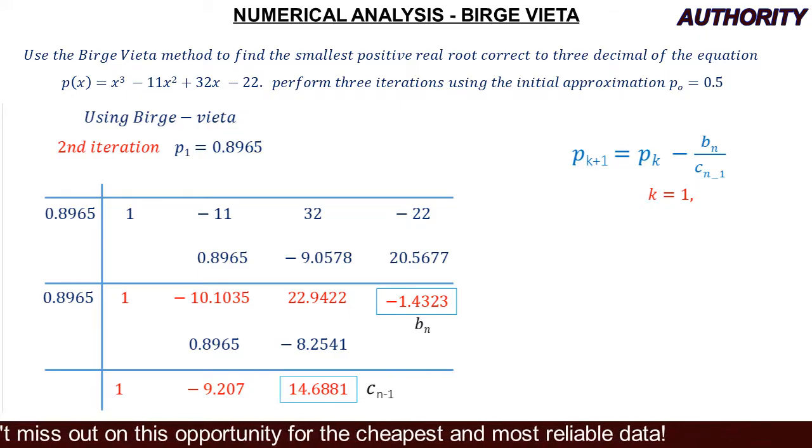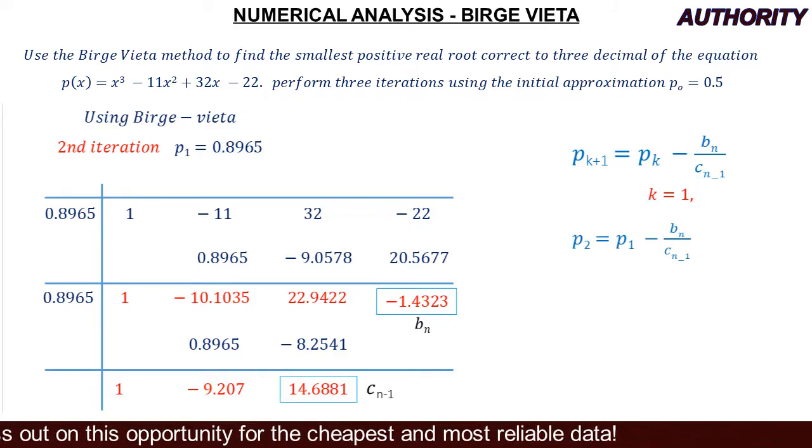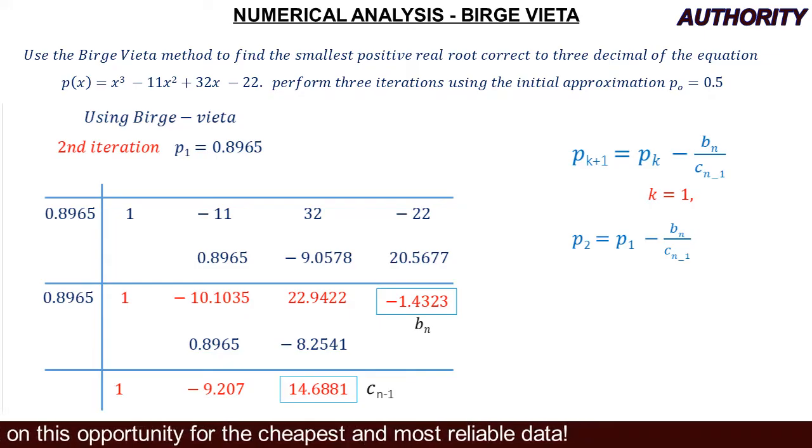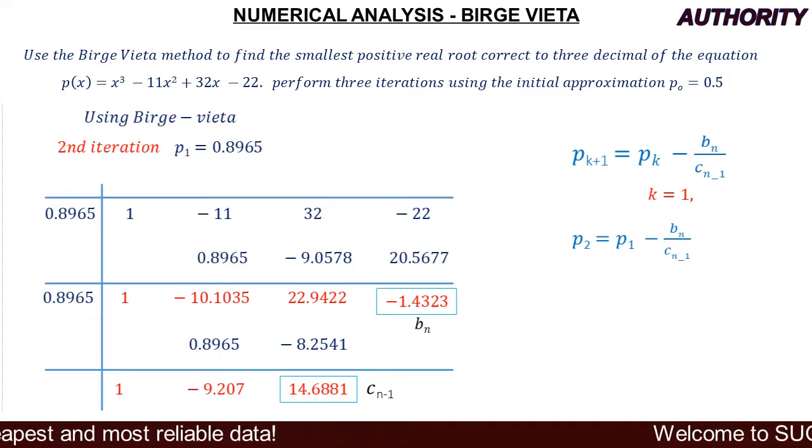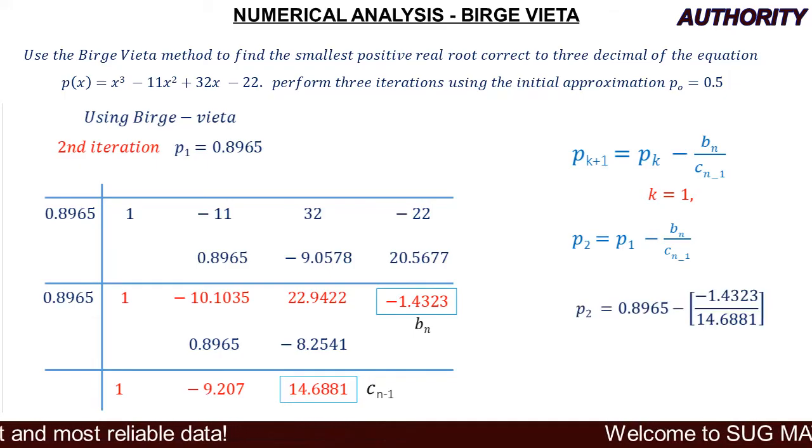So if k is 1, we are going to have that p2 is equal to p1 minus bn all over cn minus 1. Right? We already know what P1 is, what Bn is, and what Cn minus 1 is. Let's bring it together. P1 is 0.8965.